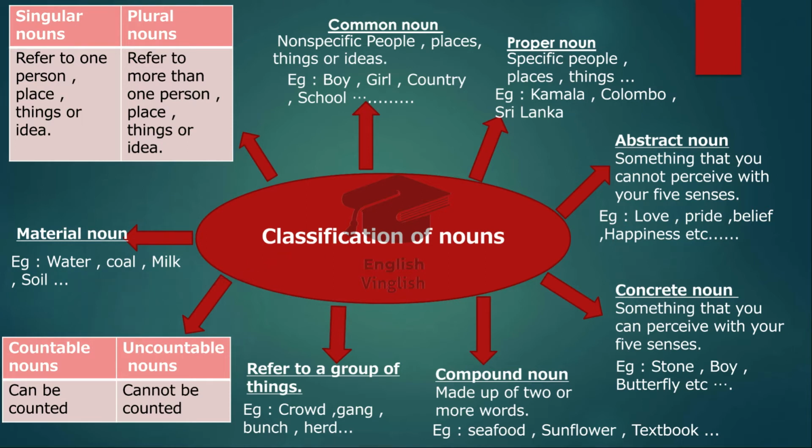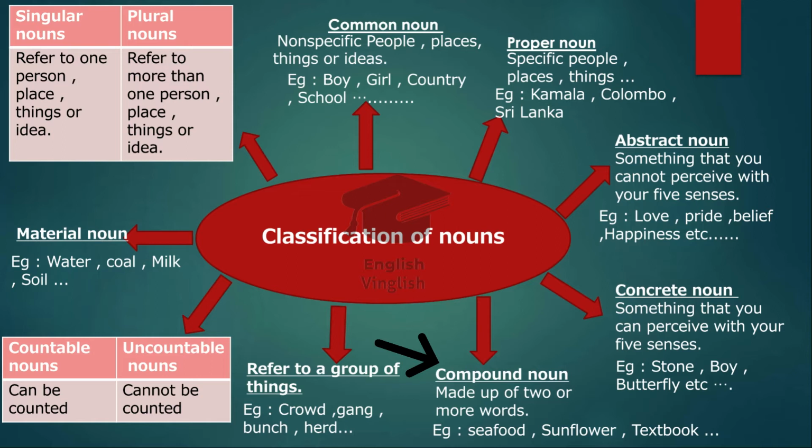Singular nouns and plural nouns. A singular noun always refers to one person, place, thing or idea. Plural nouns refer to more than one person, place, thing or idea. Last one, compound nouns. When we learned the characteristics of a noun, we learned compound nouns.